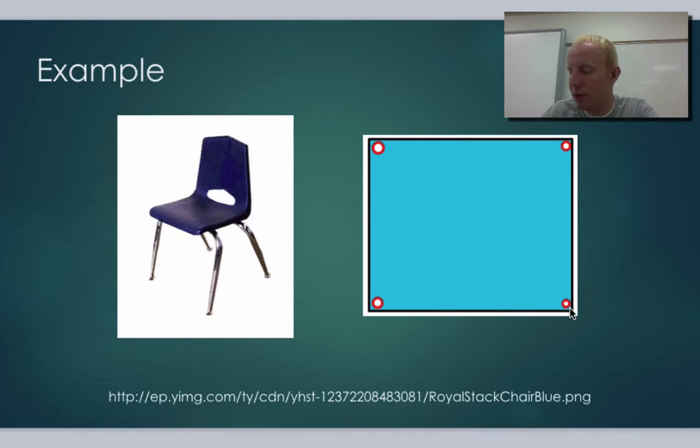Now, if you think about this chair, for example, and you sitting in it, okay, if you're sitting up straight, your center of mass will be along your back area, okay?